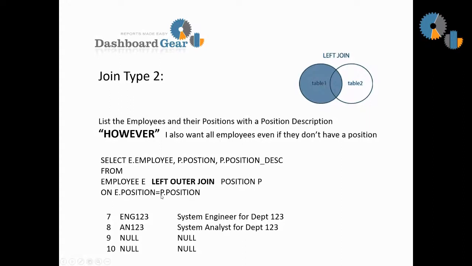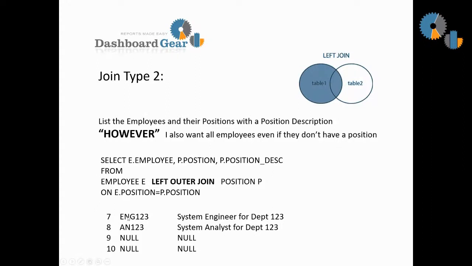The on statement is still the same as the inner, and that is which fields relate those two tables. Now, the difference you're going to see on the result set is it's going to include all the records from the left table. So in my case, the employee table. So I see record 7, 8, 9, and 10. Those are the employee IDs. And it's only going to include the data from the right table that exists.